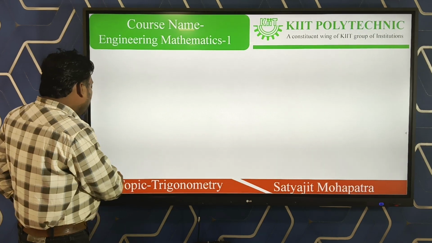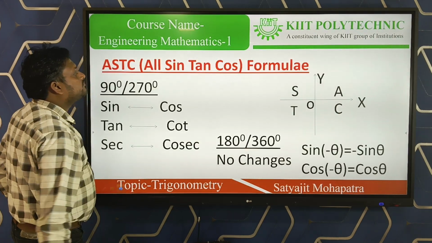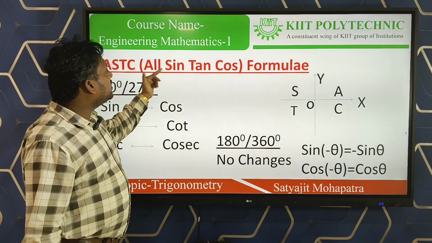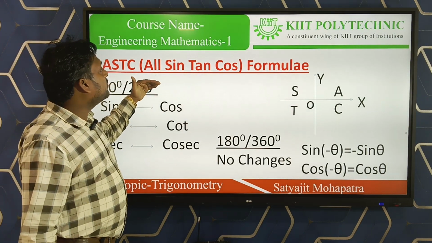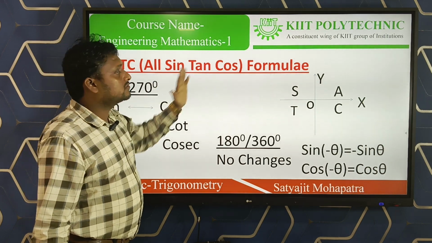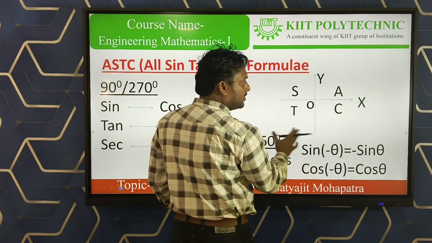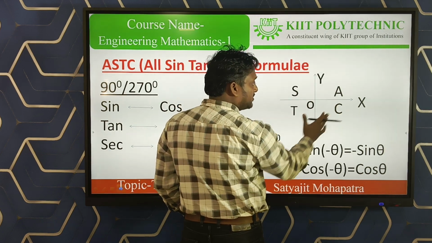Okay, now come to the next slide. This is a very important formula, that is the ASTC formula, and its full form is all sin tan cos. All of you see, this is a 2-dimensional plane.